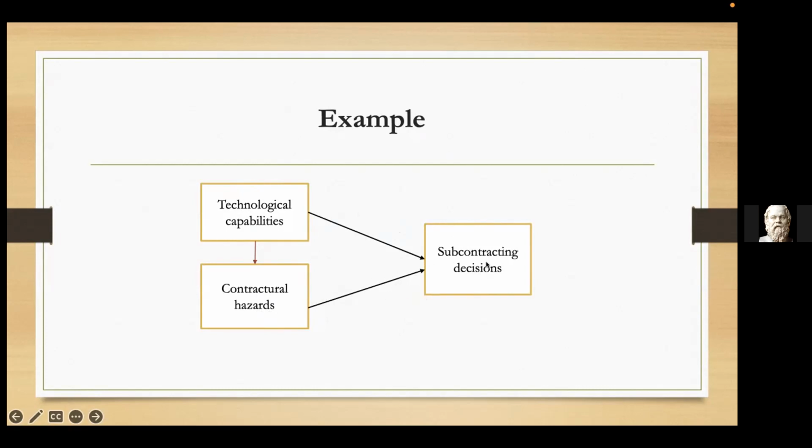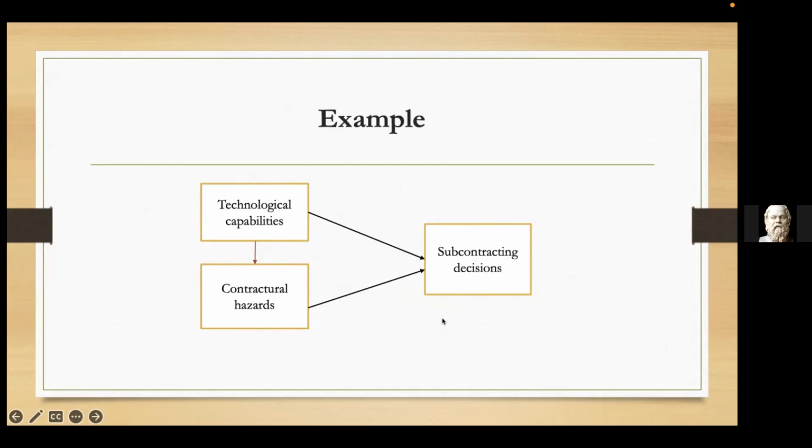You know, when you are subcontracting, the decision to either go into outsourcing or not outsourcing, there is a risk. You look at the risks involved. So if you only study from the technological perspective, you leave out insights relating to risks associated with subcontracting, okay?